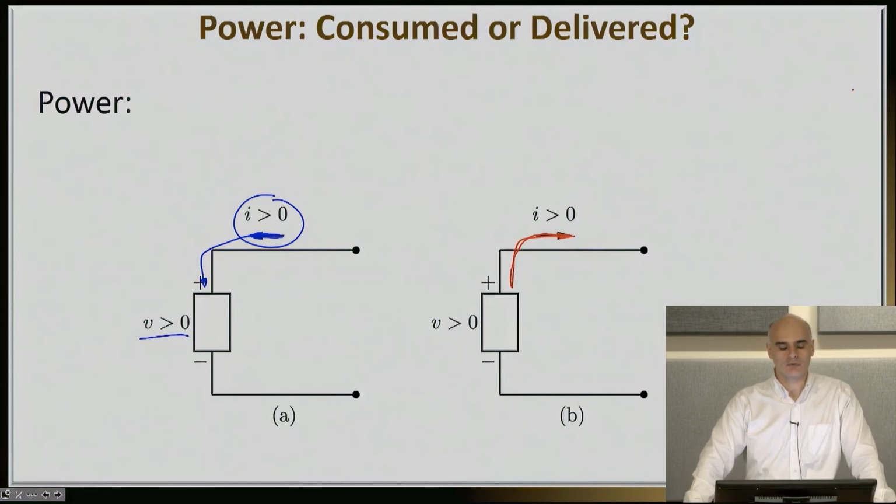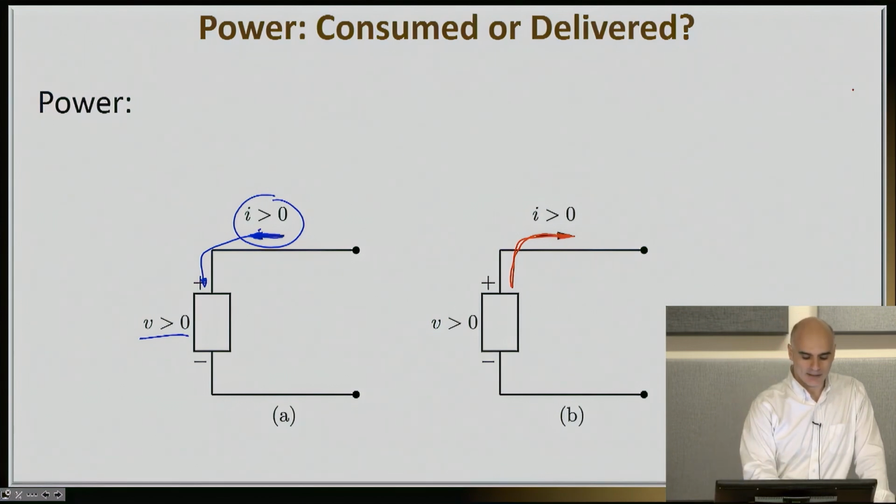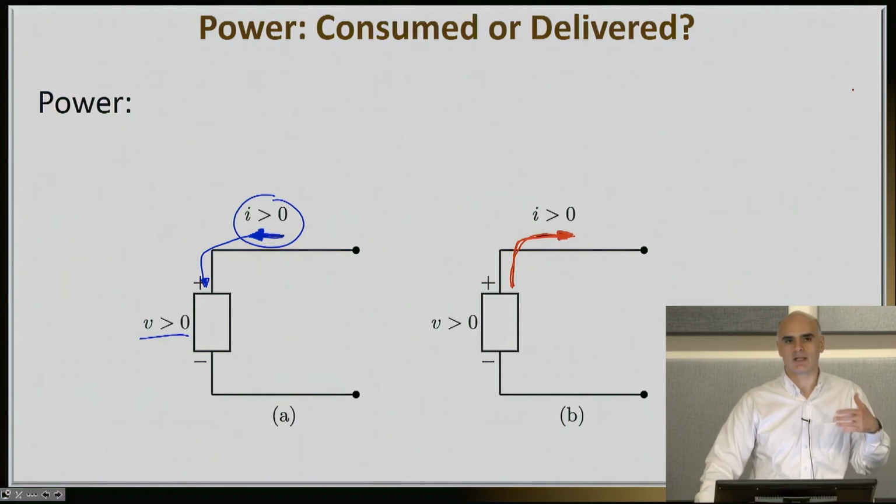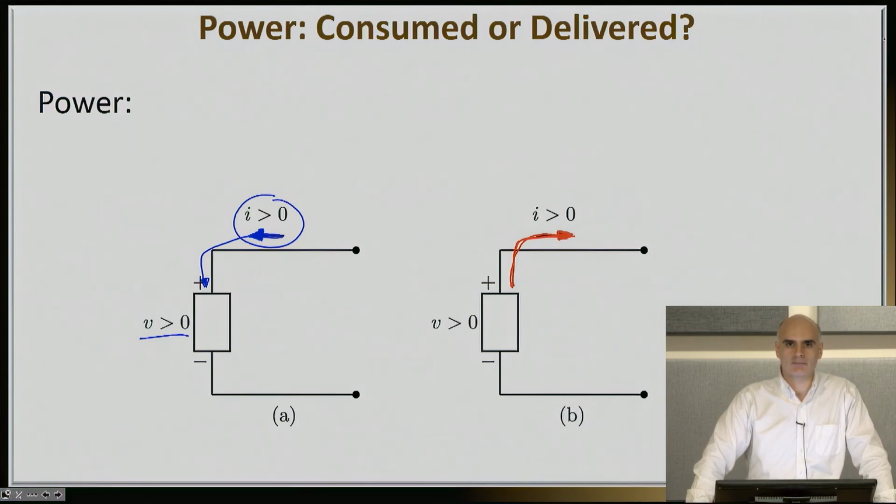These are the 2 different cases. With blue, I have indicated here the case where the current enters the device from the positive terminal, while the case to my right is indicating the current leaving the device from the positive terminal.